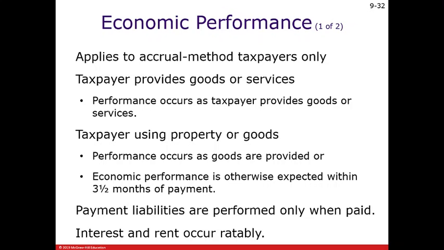It says that under this exception, accrual method taxpayers can deduct certain accrued expenses even if economic performance has not occurred by year end. A recurring item is a liability that is expected to recur in future years and is either not material in amount or deducting the expense currently matches with revenue.